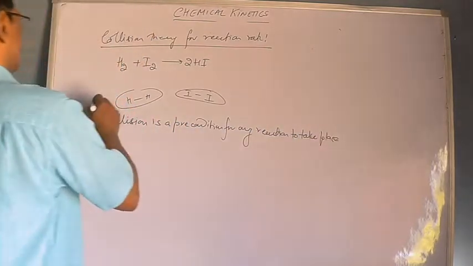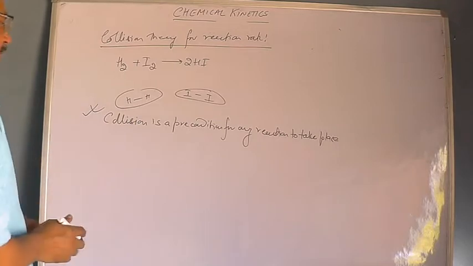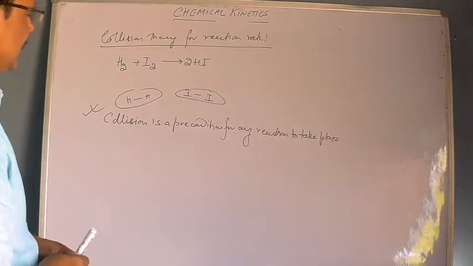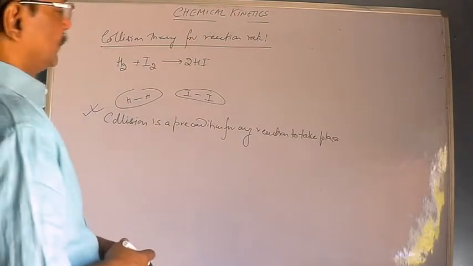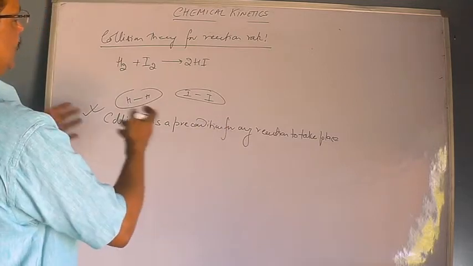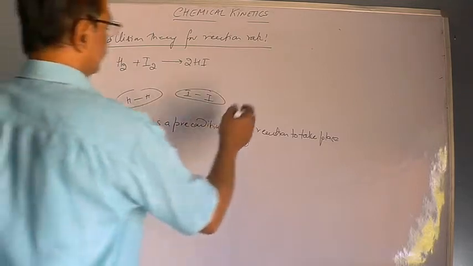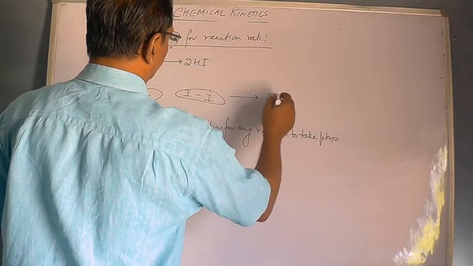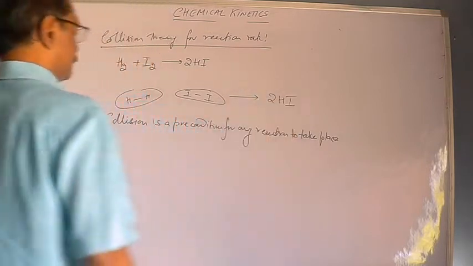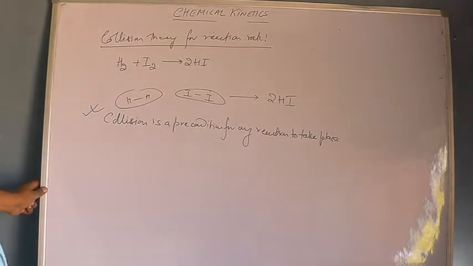This is a very important line, and this is the collision theory of reaction rate. What does it suggest? It suggests that collision is a precondition for any reaction to take place. So now the H2 molecule and I2 molecule will collide with each other, and ultimately they will result in the formation of 2HI molecules because the reaction is going to take place.